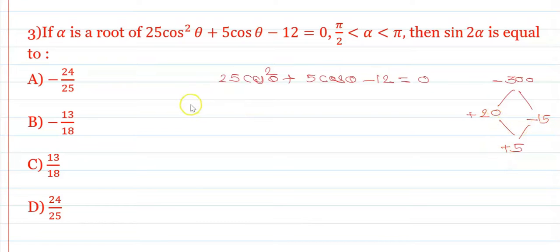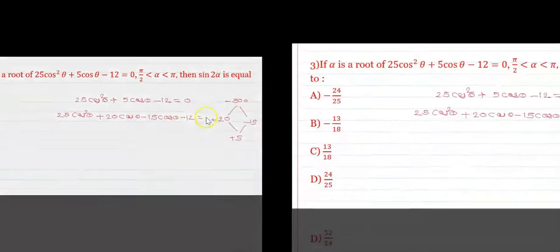Therefore we will write 25 cos square theta plus 20 cos theta minus 15 cos theta minus 12, and that's equals to 0.